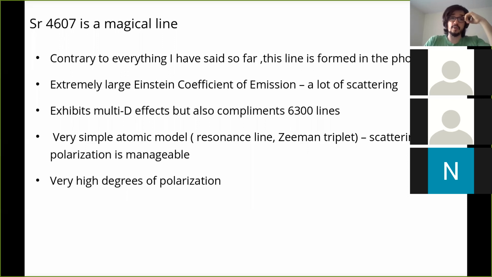The line is formed in the photosphere, but it has a very large Einstein coefficient of emission, which means there is a lot of scattering. And it also means that it's sensitive to relatively stronger fields when we talk about the Hanle effect. So it's not easily saturated, and it produces relatively high degrees of polarization.